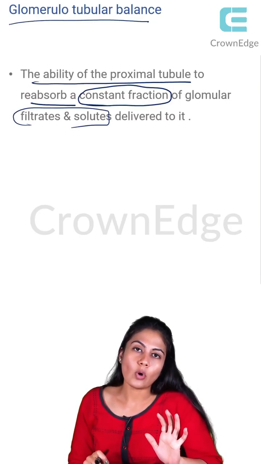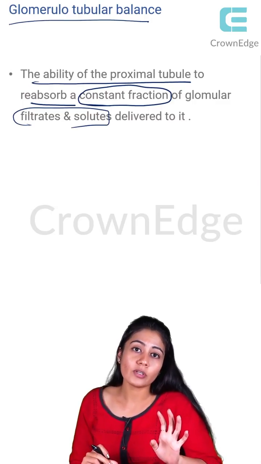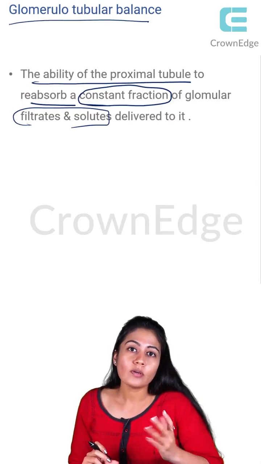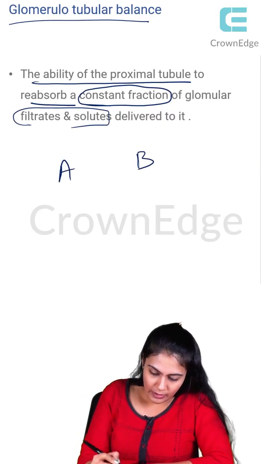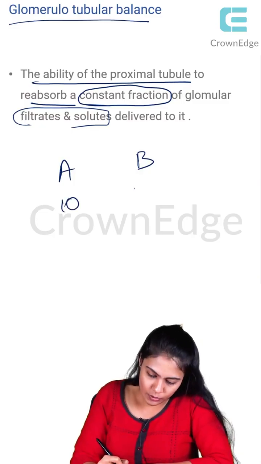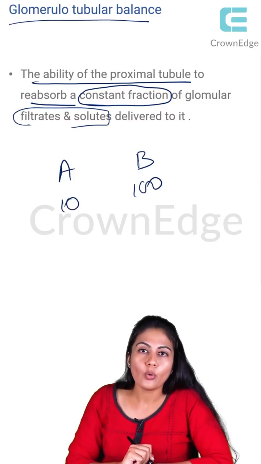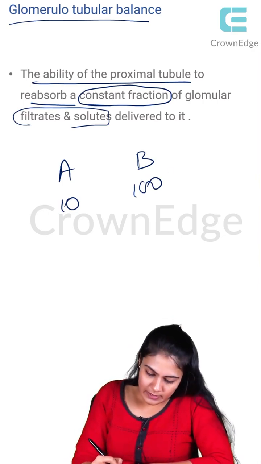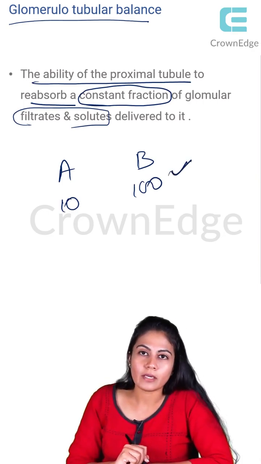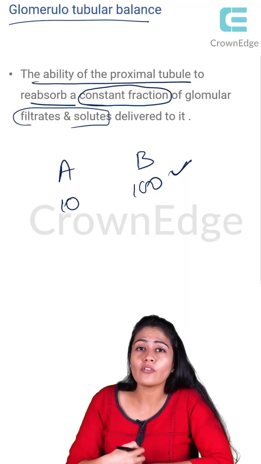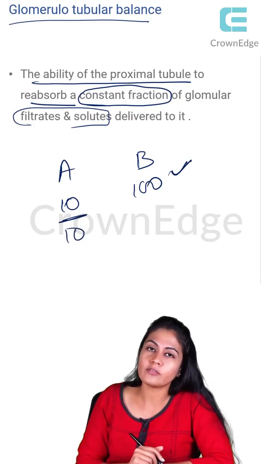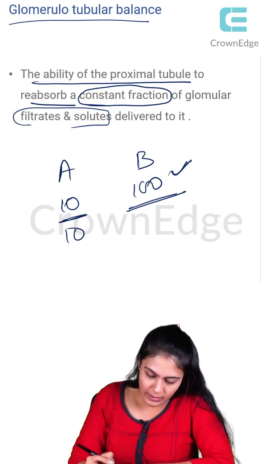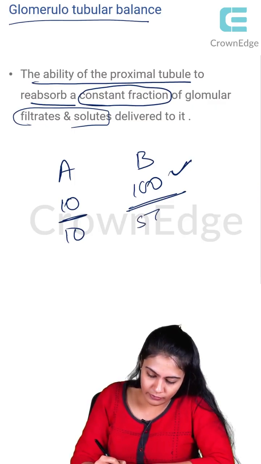Suppose someone got 10 marks and someone got 100 marks. Who is better? Suppose student A got 10 marks and student B got 100 marks. Who is better? People will say that student B is better, but I did not tell you out of how much, right? Student A got 10 marks out of 10 and student B got 100 marks out of 500.